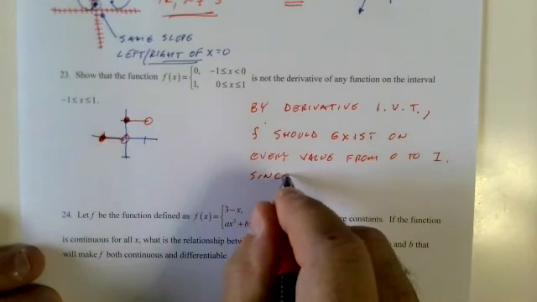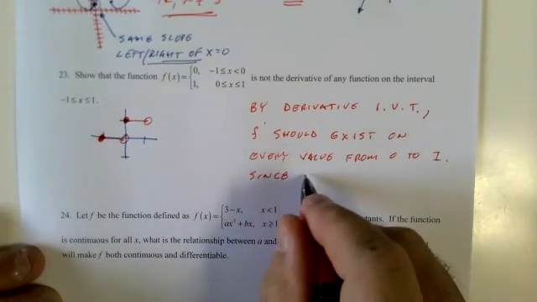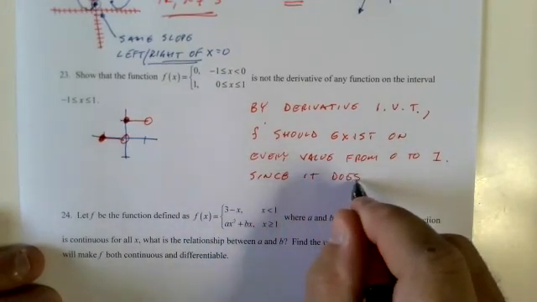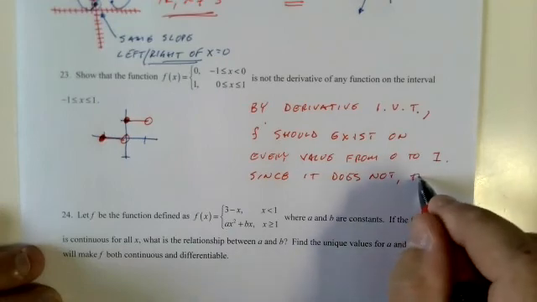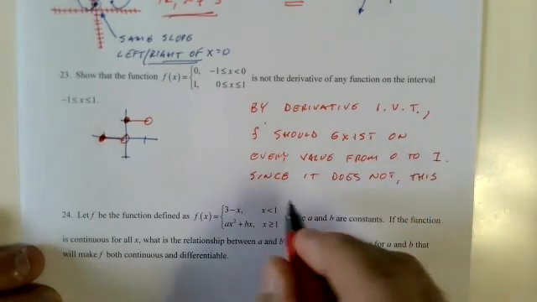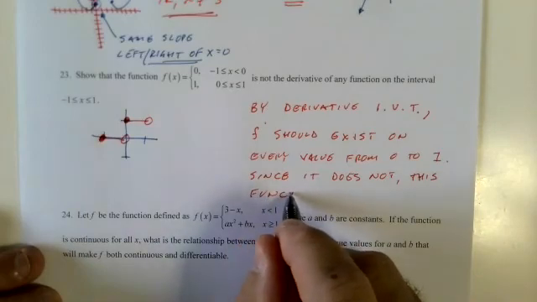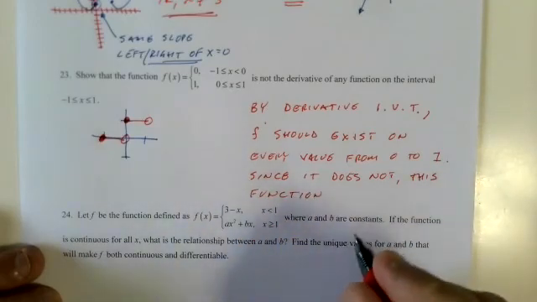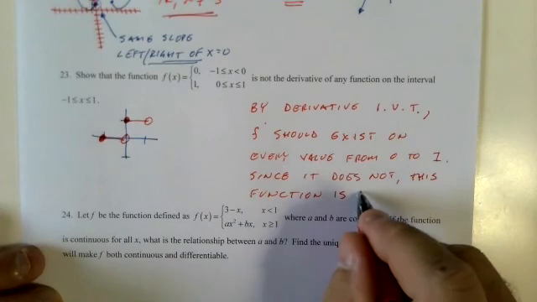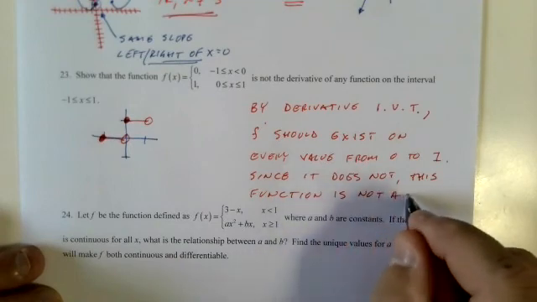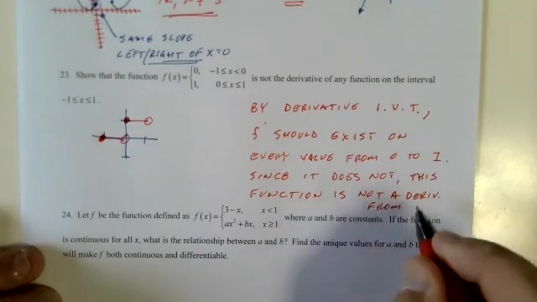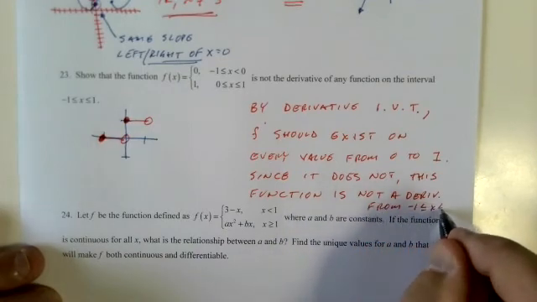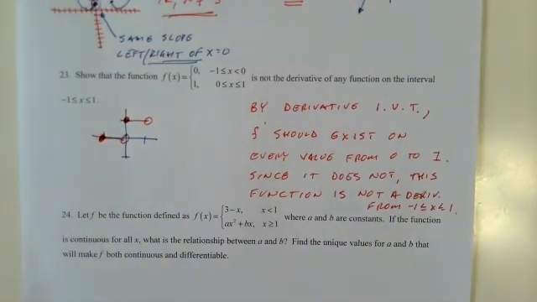Since it does not, this function is not a derivative from -1 to 1. Horrible, horrible stuff.